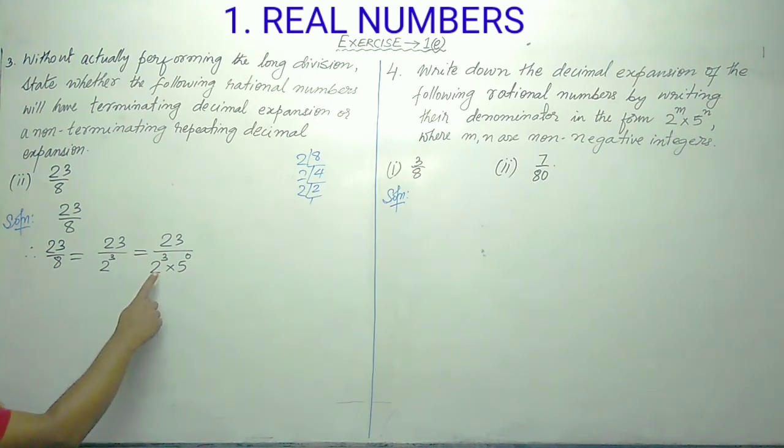Now if you look at this, 2 cube into 5 to the power 0 means 2 to the power m into 5 to the power n.